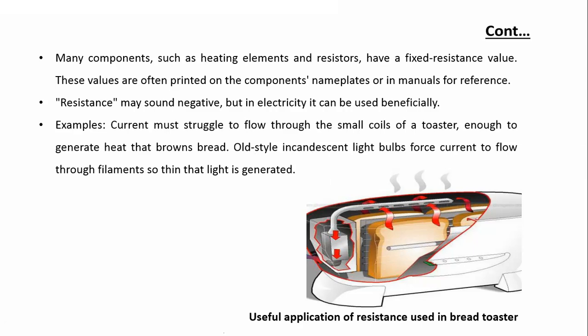So when you flow electrons through those fine wirings, they experience huge resistance, and due to that, they emit light, which we use as a source of light. So the useful purpose of resistance we are using in terms of heat and in terms of light both.